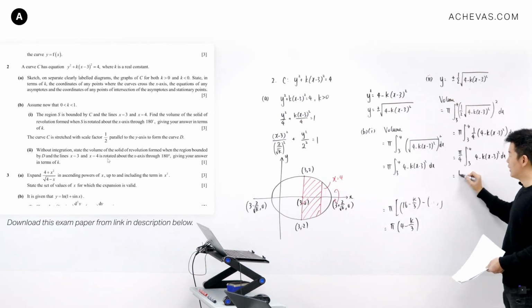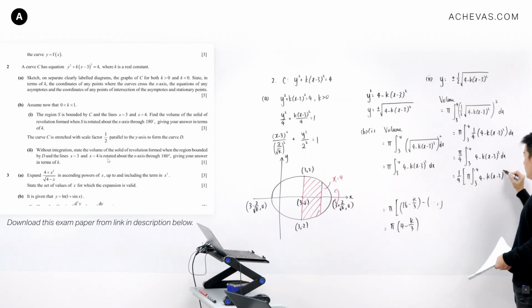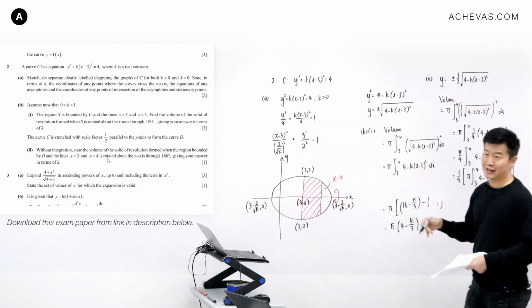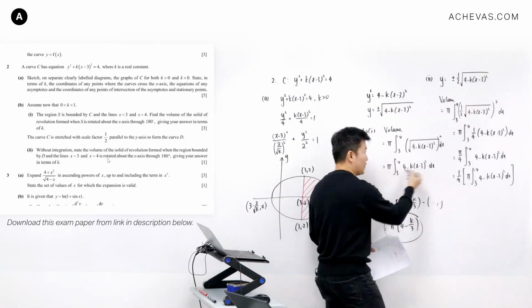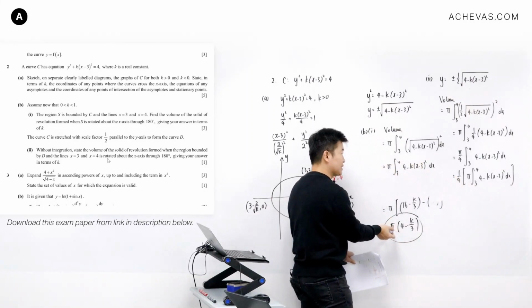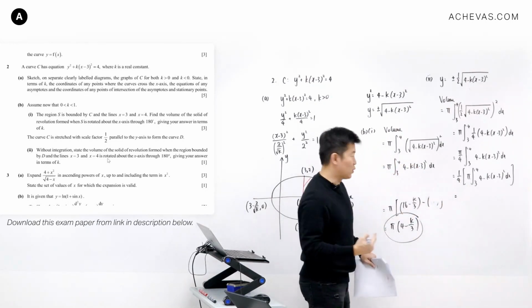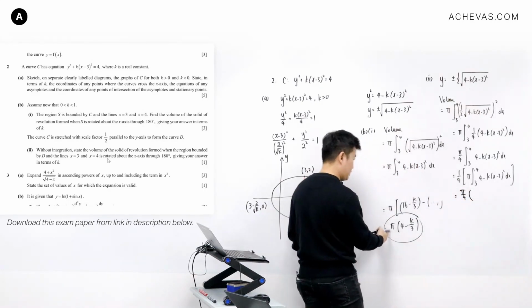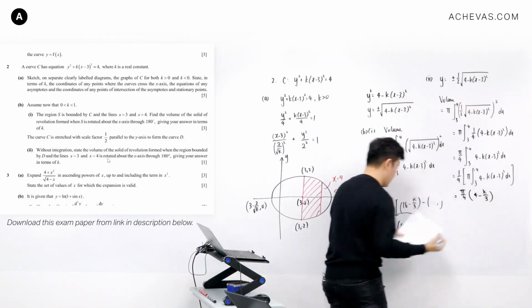So what we have now is 1/4 of pi integrating from 3 to 4 of 4 minus k x minus 3 squared dx. This is exactly what I accidentally erased just now, which means we already have the answer to this integral. That is why my answer is supposed to be just this multiplied by 1/4. So my answer is going to be pi over 4 of 4 minus k over 3.